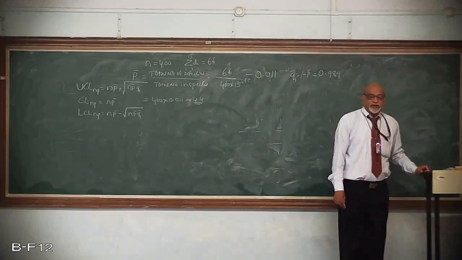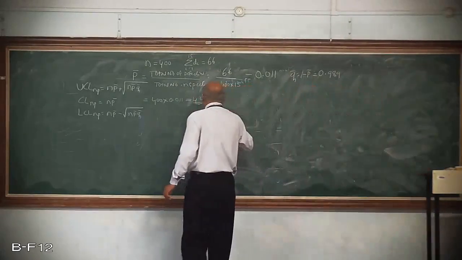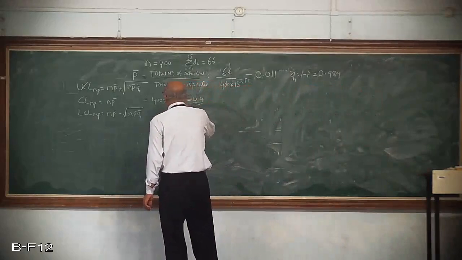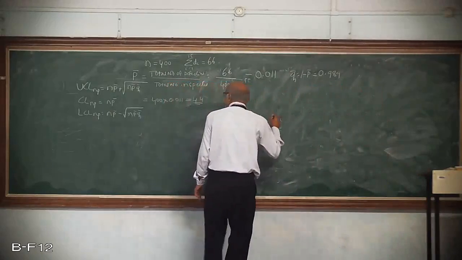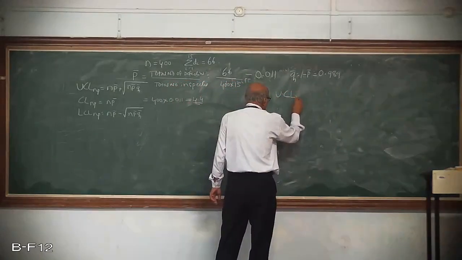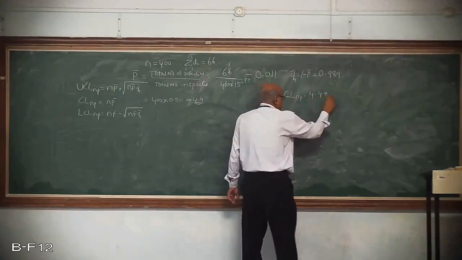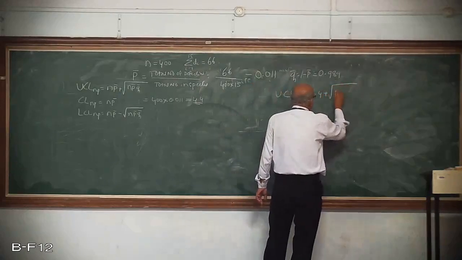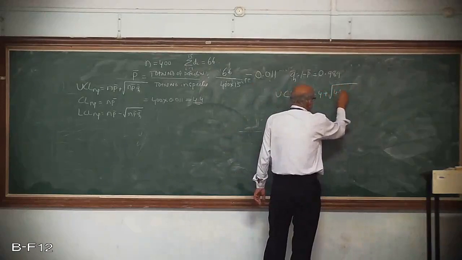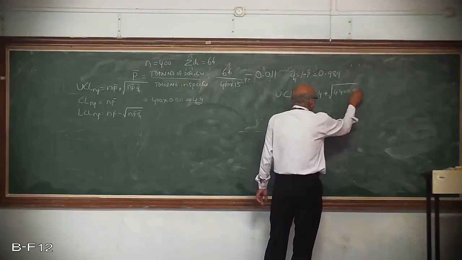So, if we calculate the upper control limit, that is NP bar plus the square root of NP bar into Q bar. I will write it down here. This is 4.4 plus the square root of NP bar, here 4.4, into 0.989.